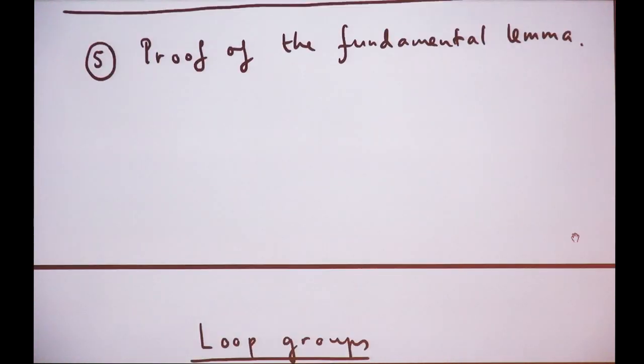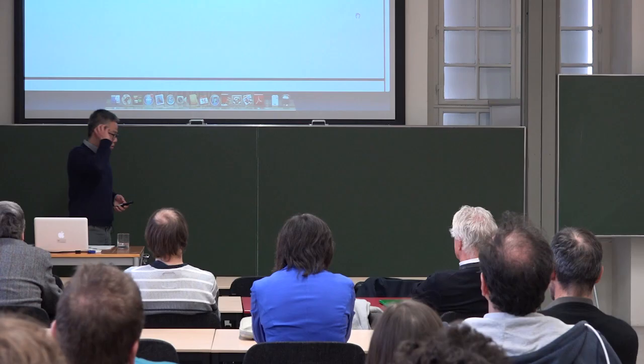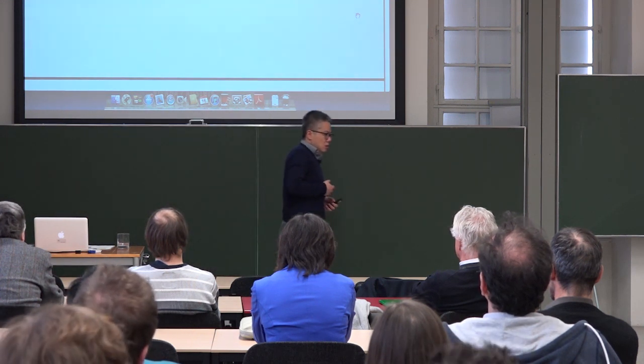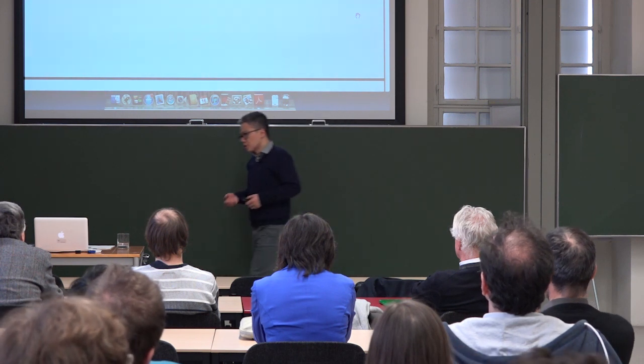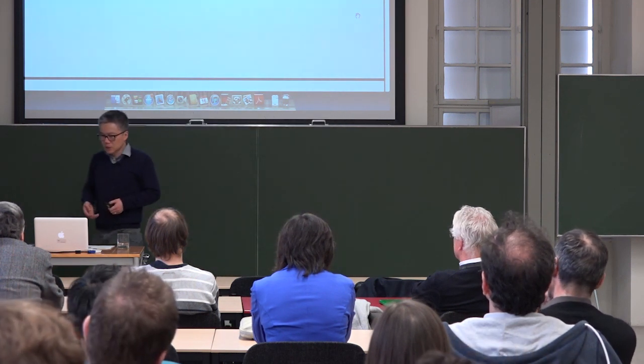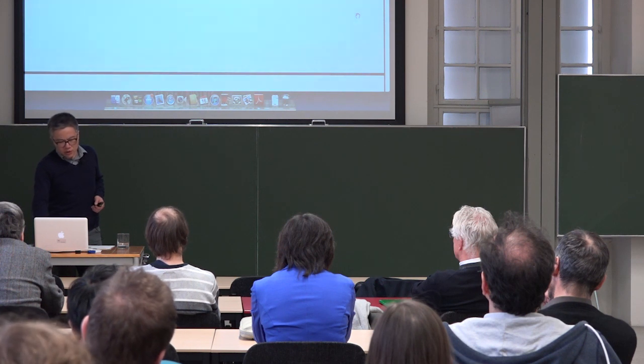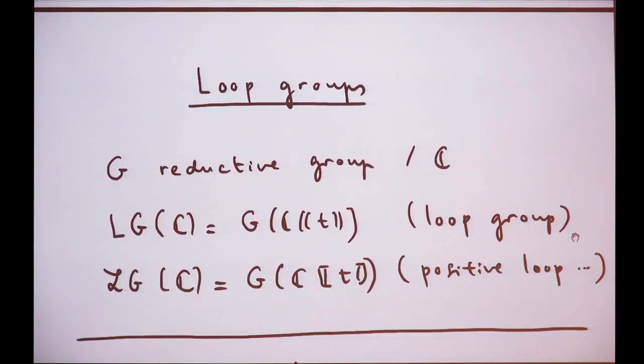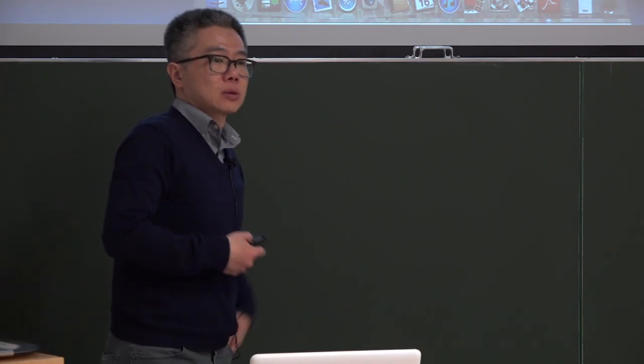Okay, so now let me move closer to the topic of my talk. So in representation theory, you are also really interested in so-called loop groups. So this is an example of a loop group. Let G be a reductive group. So let's say let G be GL_n, n by n matrices, and they have the loop group of G. It is a group of matrices, but with coefficients in Laurent series.